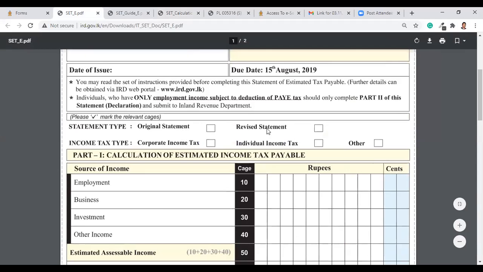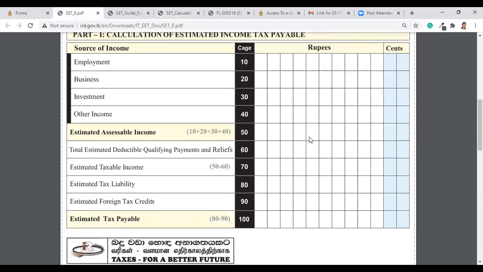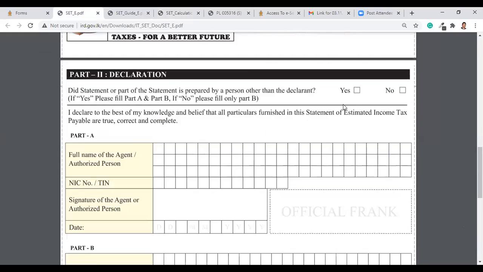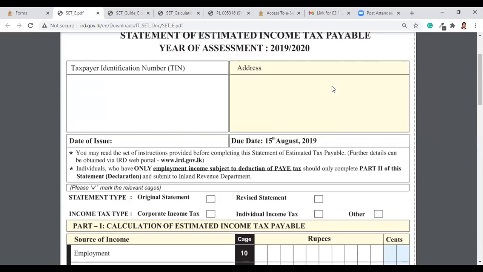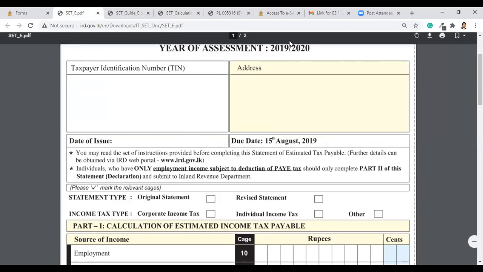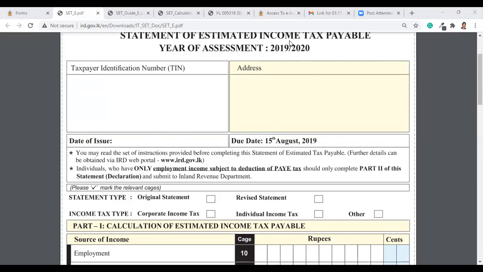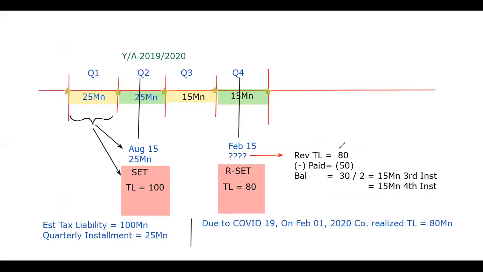If you are submitting the revised one, you tick revise and amend the date, setting the due date as February 15, 2020, change the details accordingly and submit the revised SET. That is how you do it in Pactrix. So we have discussed the theory of installments and quarterly installments.